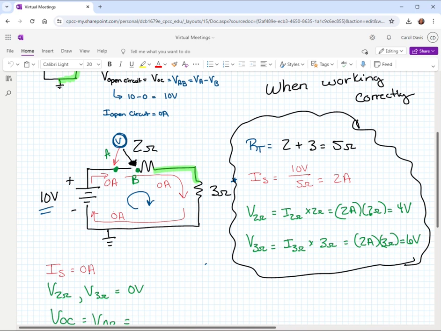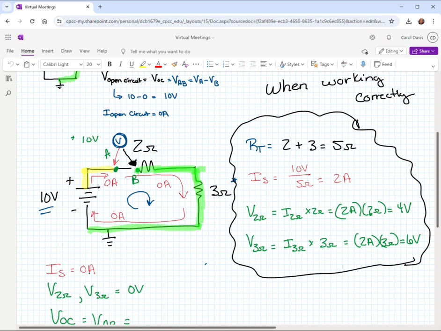The A part is connected to the positive terminal of the voltage source, so you would have a positive 10 volts on this side. And then B is connected through the resistor to the next resistor, and from there all the way to ground. Remember, there's no current flowing through those resistors, which means there is no voltage drop across them. So they might as well just be wires in our circuit.